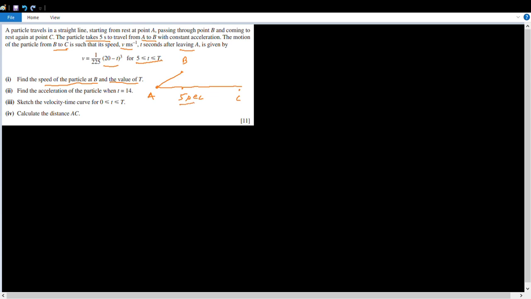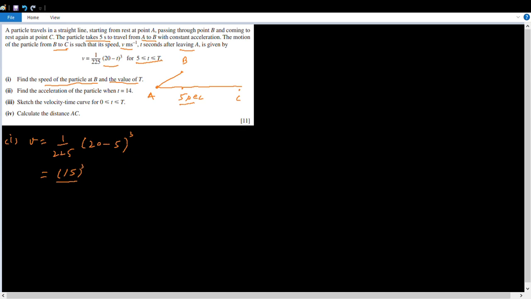So we will plug in t is equal to 5 and get the value of v. So this is the first part. So it is v is equal to 1 over 225 times (20 minus 5) cubed.